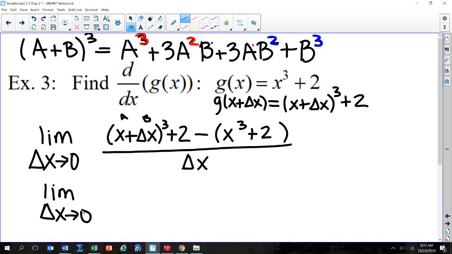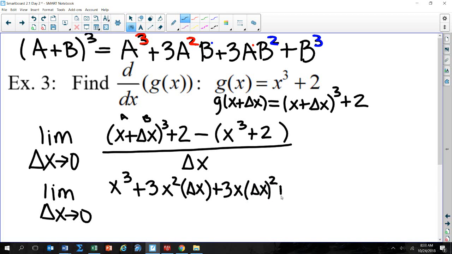We've got x cubed plus 3x squared b, which b is delta x, plus 3a, which is x, b squared, which is delta x squared, plus b cubed. So that would be delta x cubed. Right? And that's just the first part. Then you have plus 2.